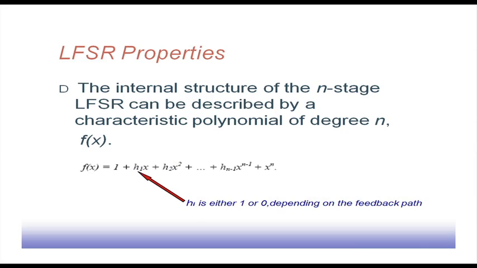First of all, the internal structure of an n stage LFSR can be described by a characteristic polynomial of degree n, f x. So, f x is 1 plus h 1 x plus h 2 x square plus up to h n minus 1 x power n minus 1 plus x to the power n, where h i is either 1 or 0 depending upon the feedback path.